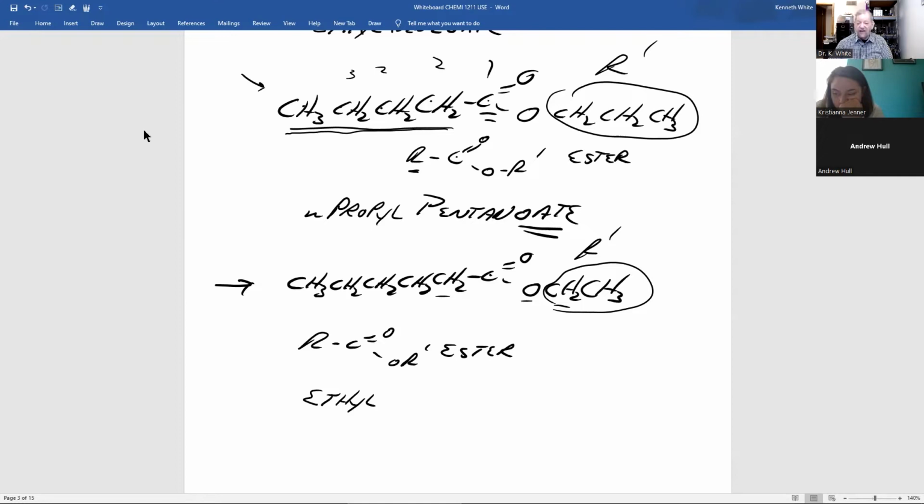And now we can use that bright student's method. 1, 2, 3, 4, 5, 6, including the carbonyl carbon, hexane. Drop the E, add OATE, and we have ethyl hexanoate.